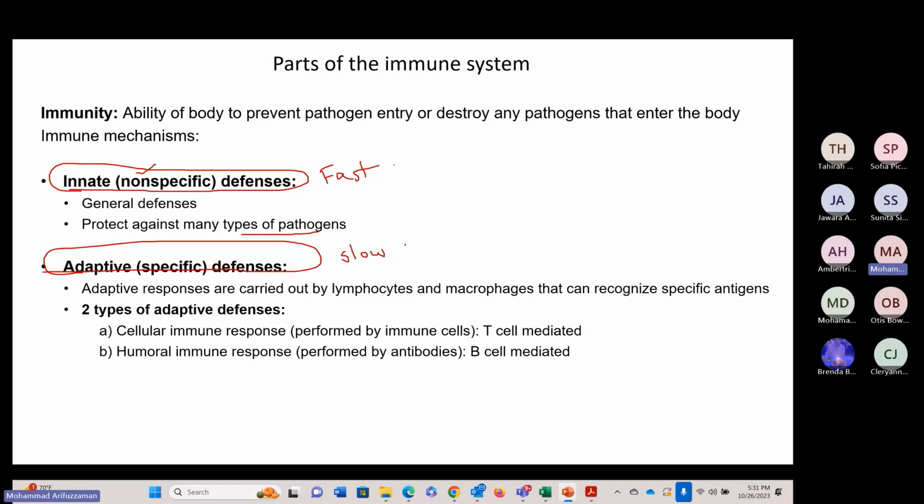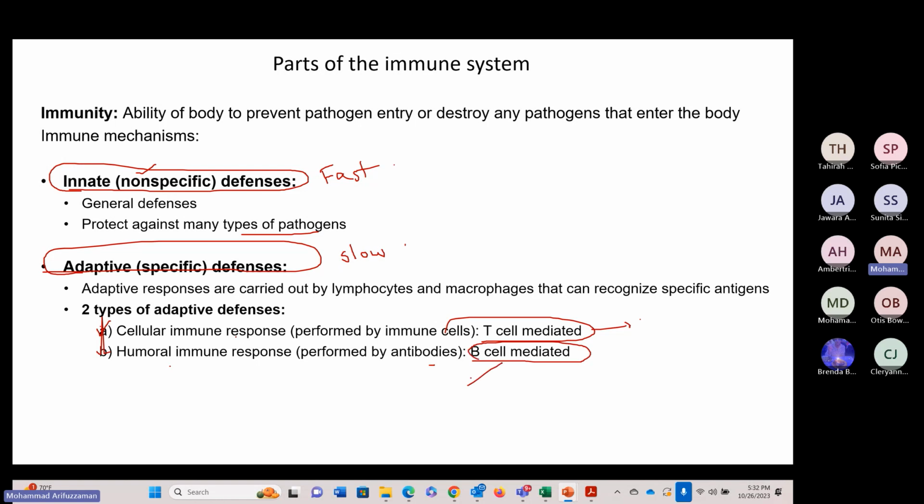The adaptive response has two types: the cellular immune response, which is T cell mediated, where the T cell attacks the antigen directly and destroys it. And the humoral immune response, performed by antibodies, which is B cell mediated.